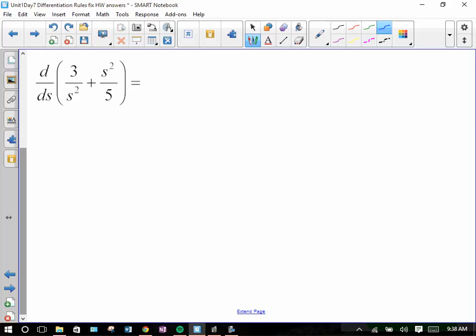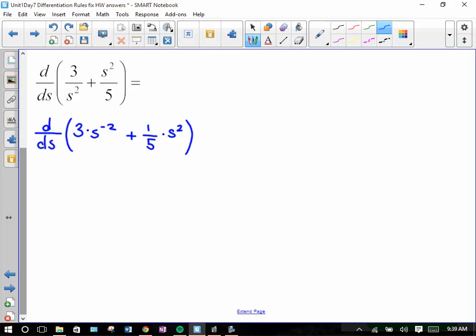So if we rewrite that without it being in the denominator, what we really have is the derivative with respect to s is equal to 3 times s to the negative 2 power plus, now this right here, there's something in the denominator, really what that is is 1/5 times s squared.